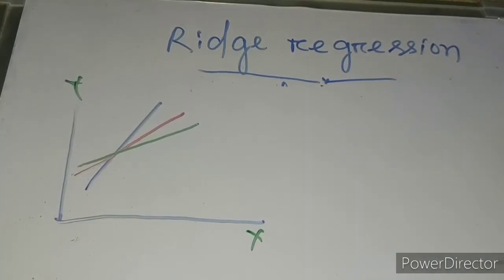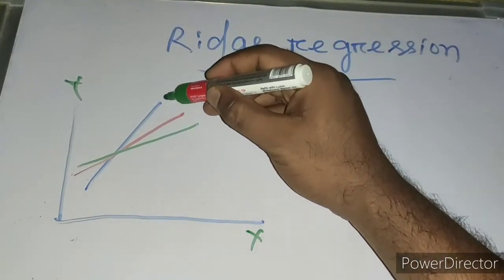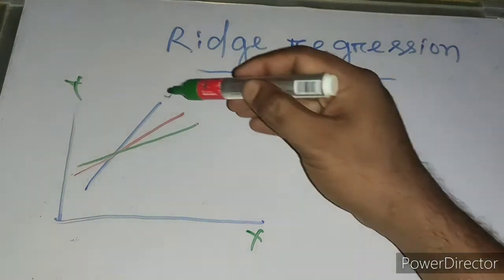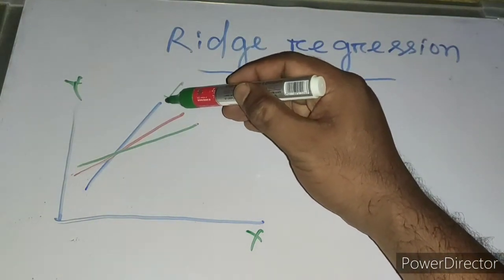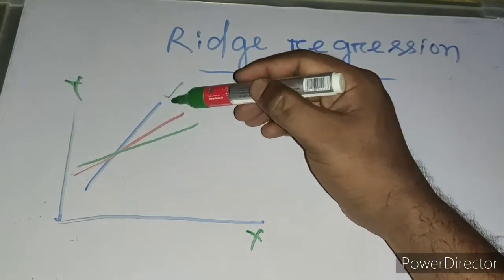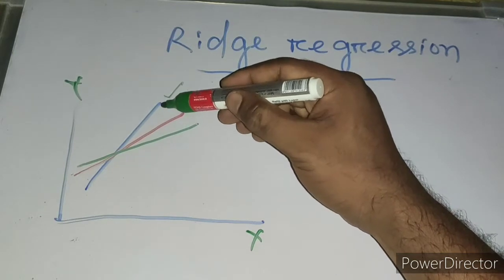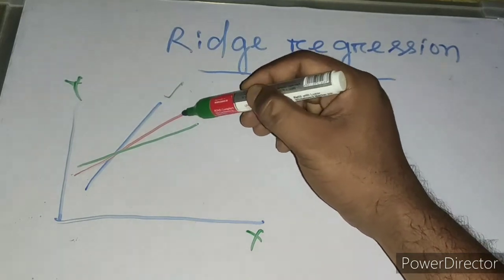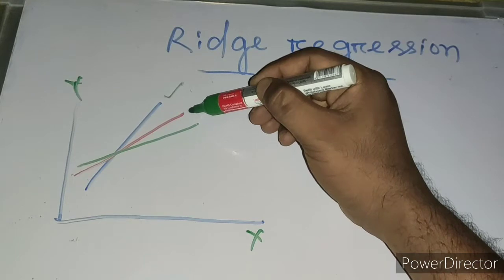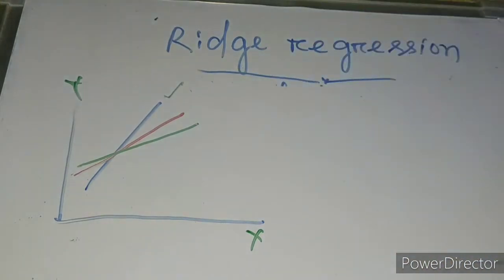To create a generalized model, we have to reduce the stiffness of this graph. As the line is quite stiff, we have to reduce the stiffness. Stiffness has to come down, the slope will come down, like you can see the red line or the green line drawn on the screen. Here the stiffness has reduced.